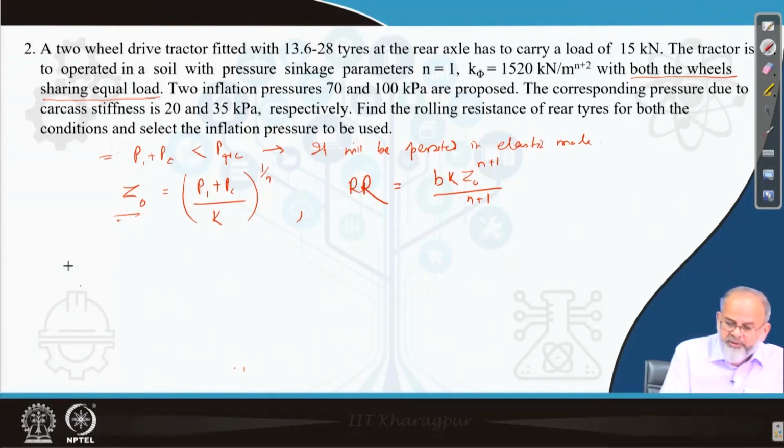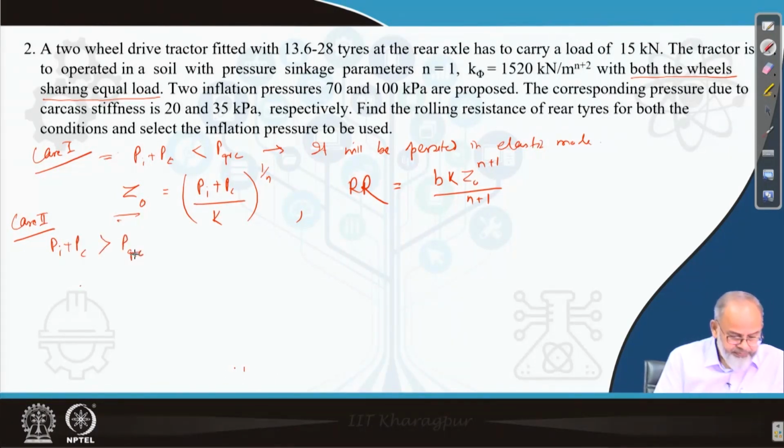So, now the second condition says 100 plus 30, 135, that means Pi case 2, this was case 1. So, Pi plus Pc is greater than P ground critical.